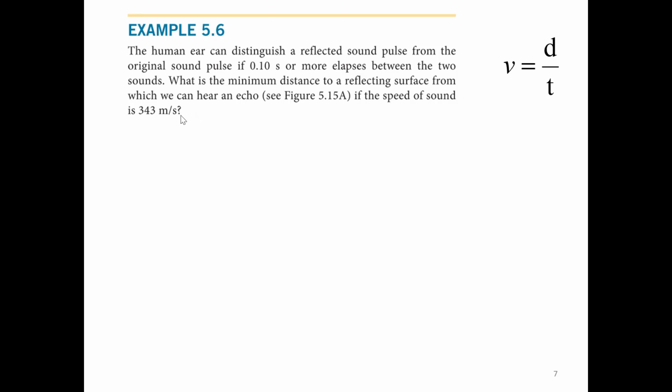The question is, what is the minimum distance to a reflecting surface from which we can hear an echo if the speed of the sound is 343 meters per second. Here is the source of sound, and this is the sound wave we will travel, and then it will hit some surface here.